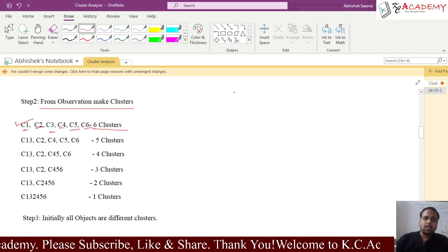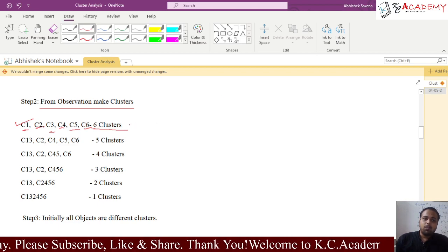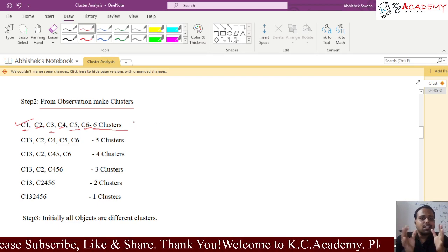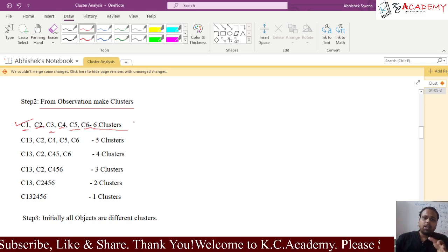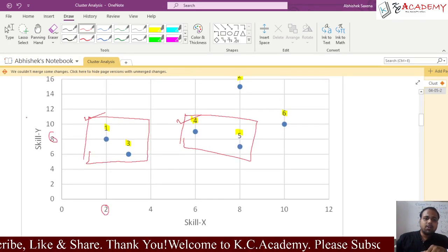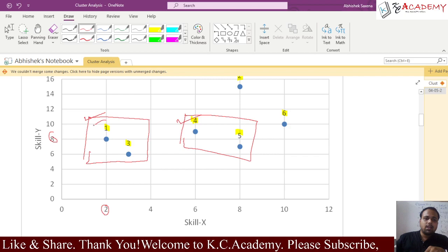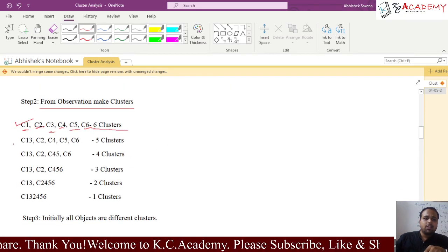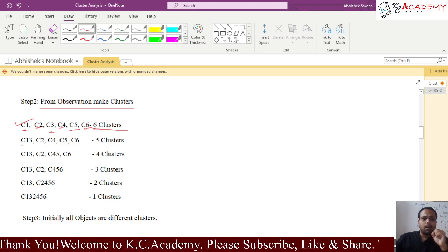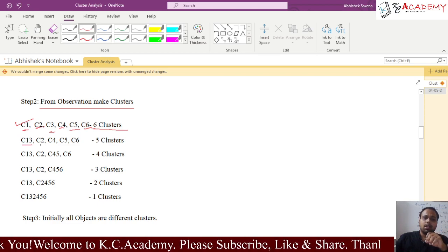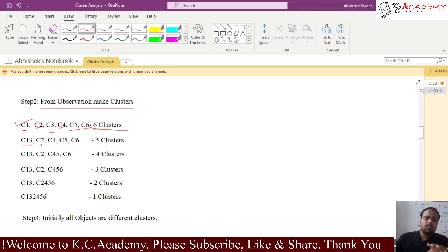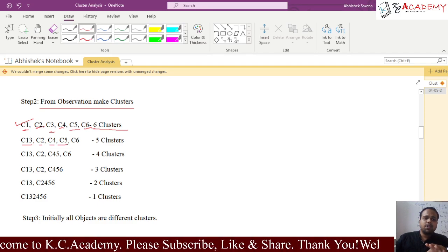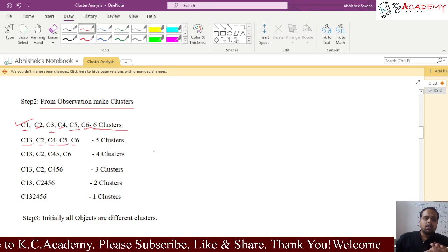Then we combine similar data. Since 1 and 3 are closer, I will combine them as C13. The others stay as they are: C2, C4, C5 and C6.